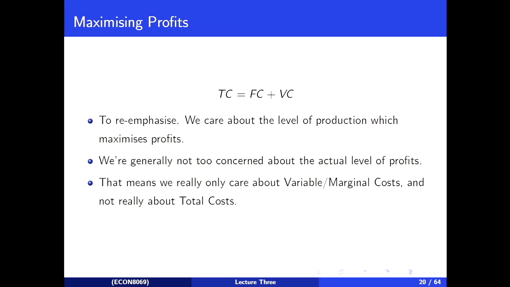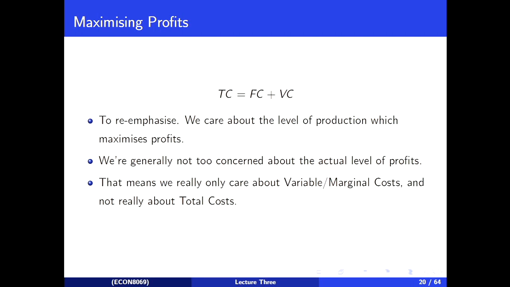To emphasize, as economists, we don't really care about the level of profit. I don't really care whether your firm makes $10 million or $20 million per year. It doesn't really bother me. I care about how much your firm produces. I'm all about efficient production, not about the actual amount of profit.